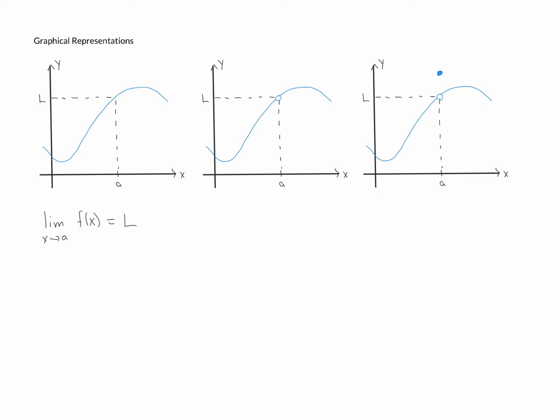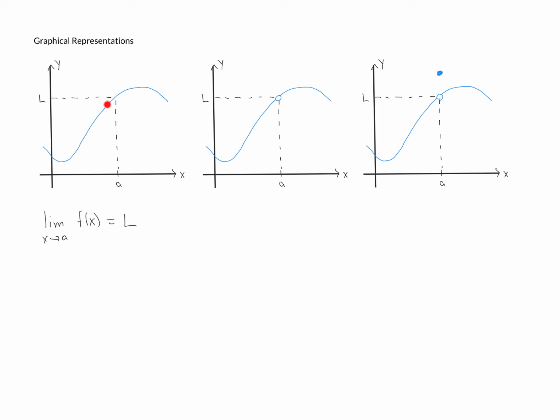In the first situation, we've got a graph, and if we want to know the limit of the function as x approaches a, we can look at what's happening to the graph as we get closer and closer to the point with an x value of a.